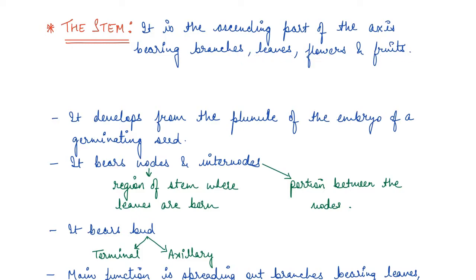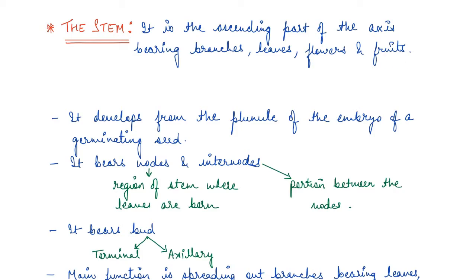So again, you can see that it plays a very important role when it comes to its functionality, right? Because it is the part that bears almost everything apart from root, right? So it bears branches, it bears leaves, flowers, and fruits, right?